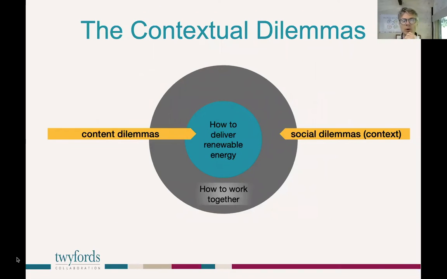One of the ways I'm starting to think about this is there's always a content set of dilemmas, in this case, how to deliver this energy project. But around that, the stuff that really is going on, the stuff we all know, is the social dilemmas, the contextual dilemmas, the stuff that doesn't get mentioned.